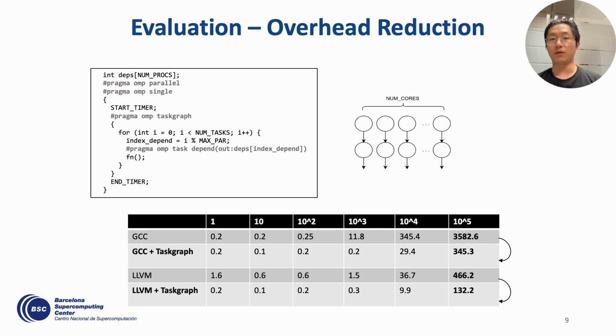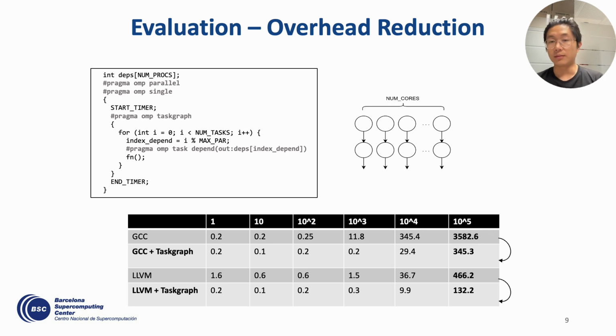For 100,000 tasks, GCC spends about 3.5 seconds to execute the whole application, whereas if we include the Taskgraph framework, it spends only 345 milliseconds. So we see a one order of magnitude speedup here.